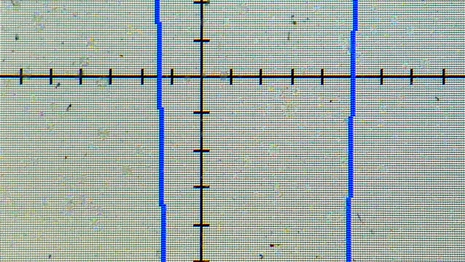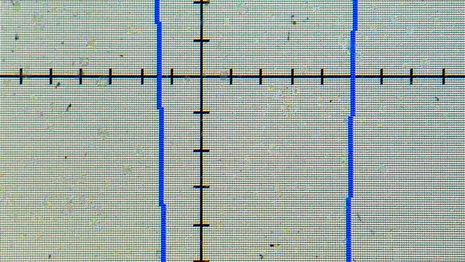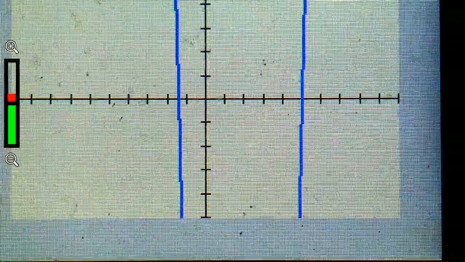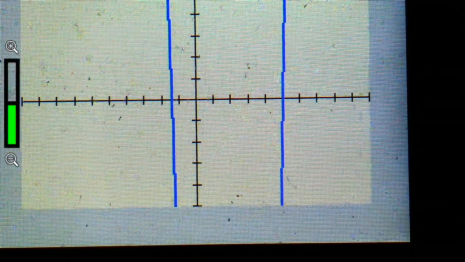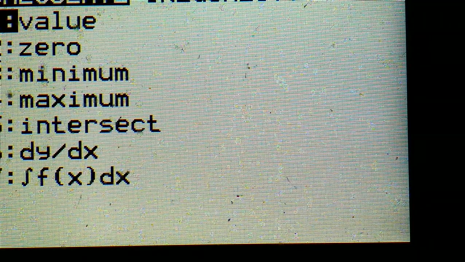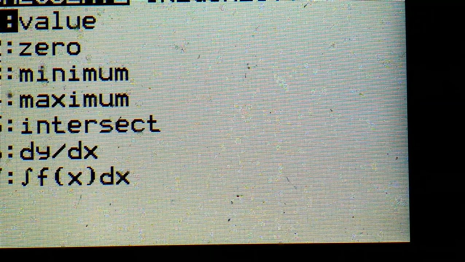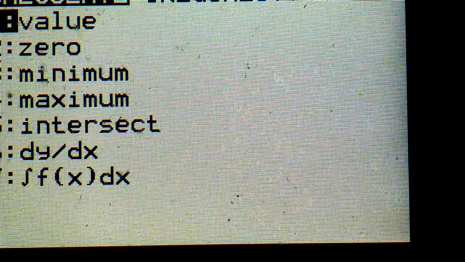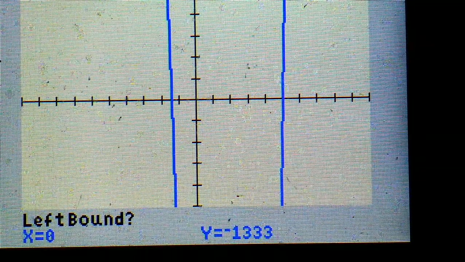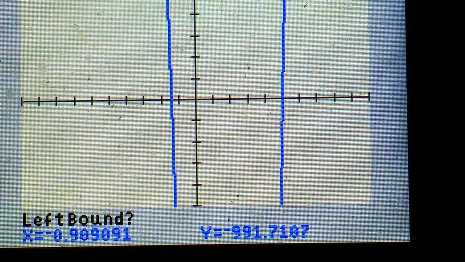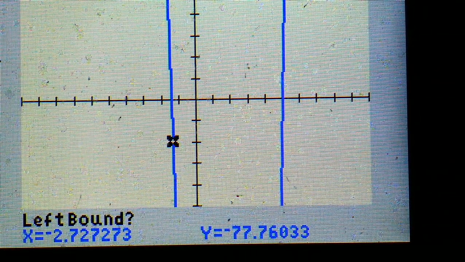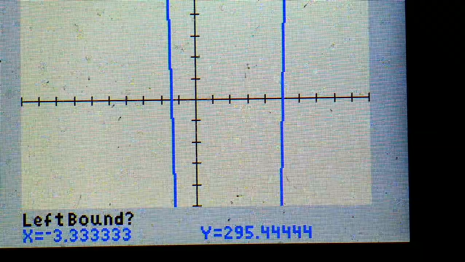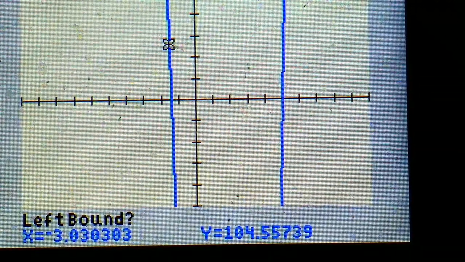I'm now going to cheat and ask the calculator to go find this value. Second, calculate on a TI. Let's find the 0 of it. I'm going to make that my left bound.